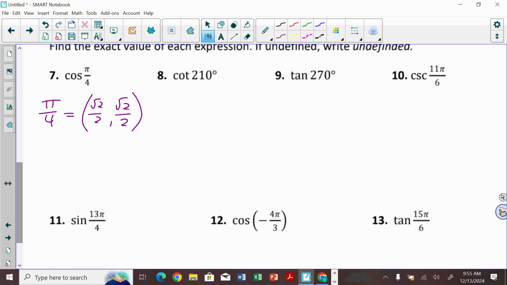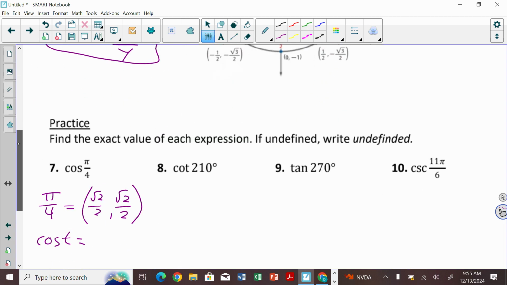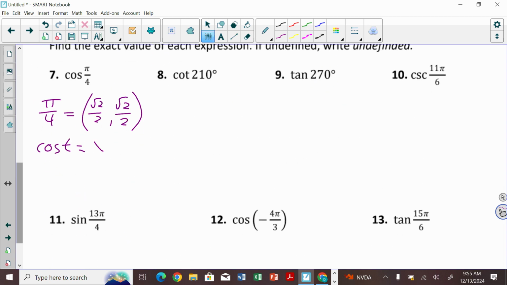Now, since we're dealing with cosine, and we said cosine is just x, I'm just looking at this piece right here, and I know that cosine of pi over 4 is equal to square root of 2 over 2. Okay, so just using that chart.